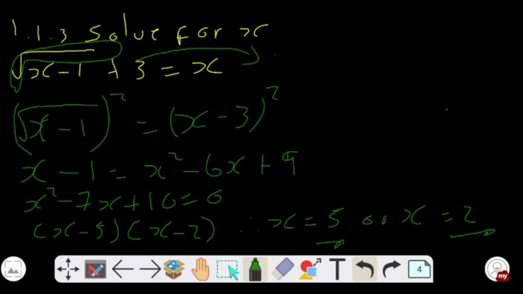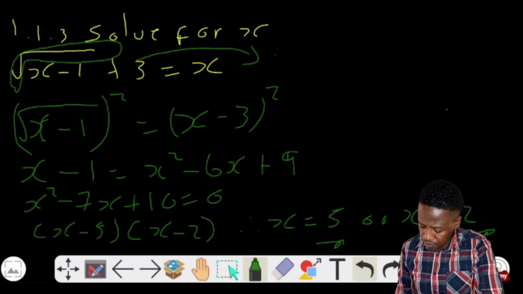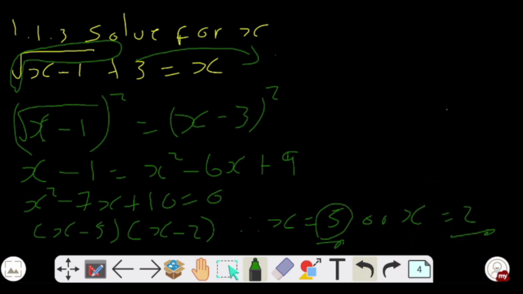Now before we move on to the next question, what is important is to always check your answer, because you might lose a few marks, or even 1 mark, for not going back and checking. We take our values for x, which are 5 and 2, and substitute them in our original equation.